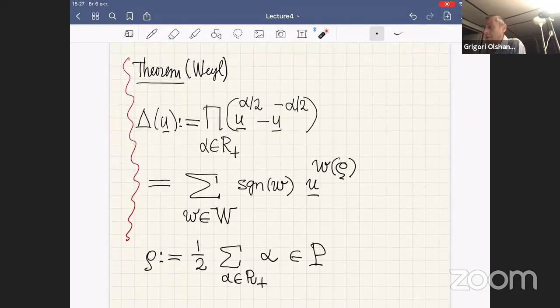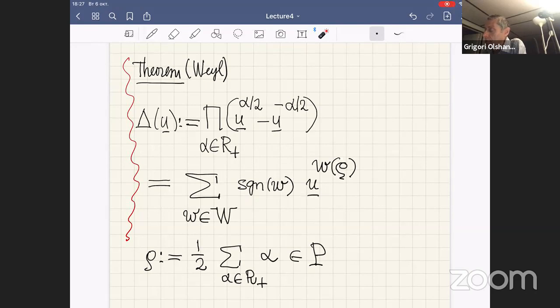And finally, we have this beautiful result, again due to Hermann Weyl, which says that our function, which by its definition is a multiplicative expression, is equal to some additive expression, actually.